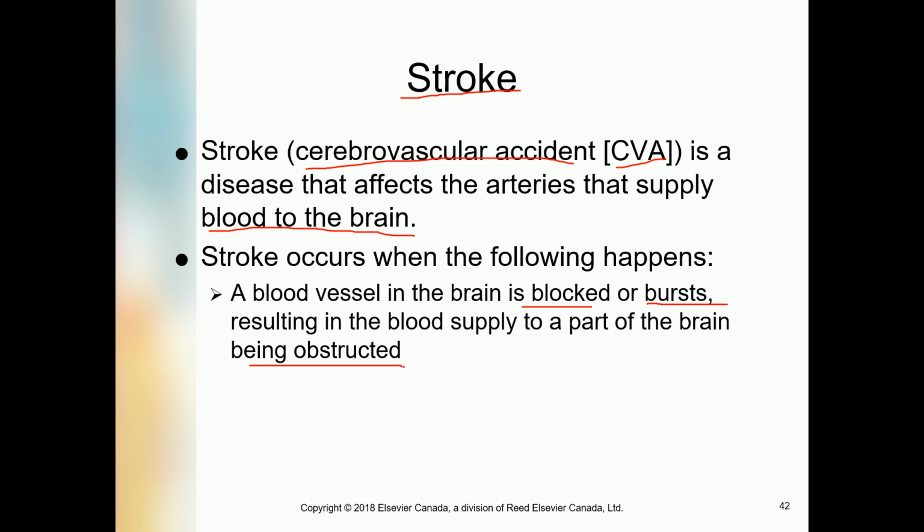When the blood vessel that carries blood to the brain is partially or completely blocked, or if it is burst or broken, it means the person has a stroke. It's life-threatening. And after the stroke, people have what condition? Paralysis. Do not forget it.